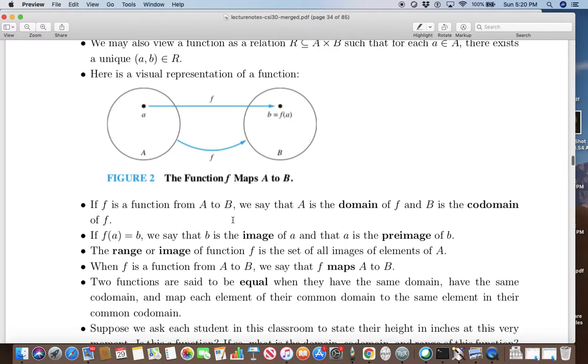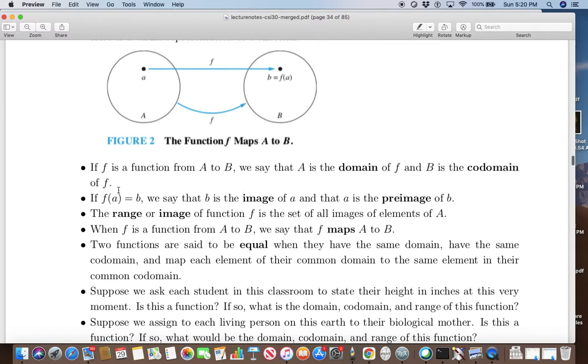If f is a function from capital A to capital B, we say that the left-hand side set A is the domain of f and B, this set, is the codomain of f.